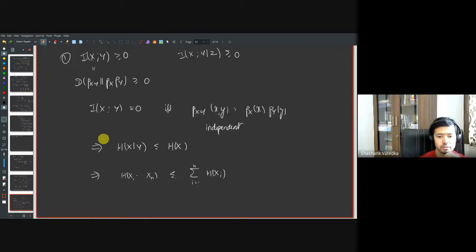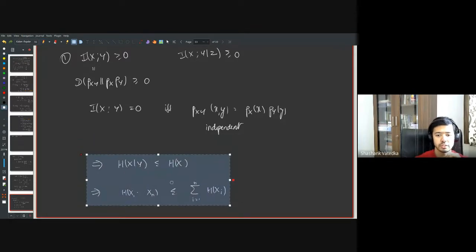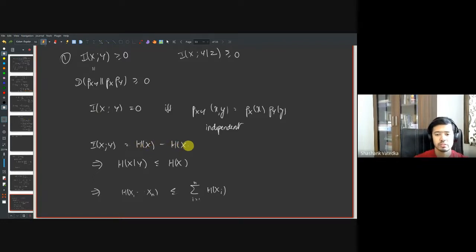All right. But as we know, the mutual information can be written in terms of entropies and conditional entropies. Right. So I(X;Y) is H(X) minus H(X given Y), which we know is always greater than or equal to 0.